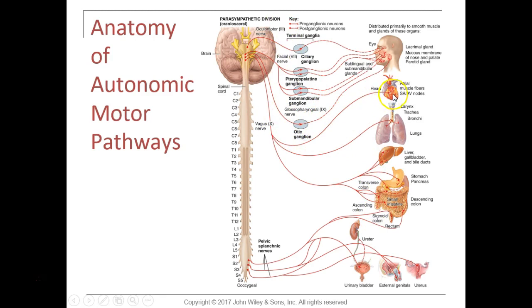And the neurotransmitter that is released by these postganglionic neurons is acetylcholine. So although acetylcholine is excitatory on skeletal muscle and makes it contract, acetylcholine is inhibitory on the heart. So when the parasympathetic nervous system fires, the heart rate is going to go down.